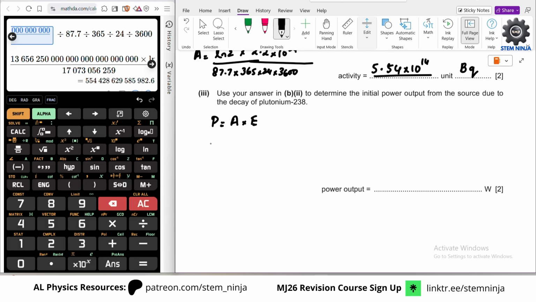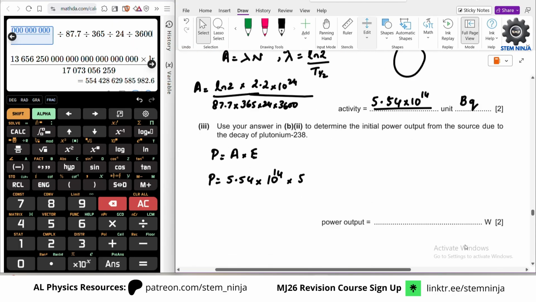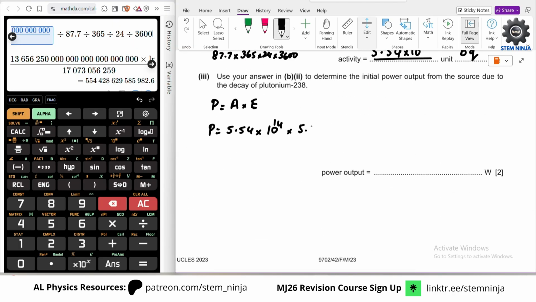So power is equal to activity, 5.54 times 10 raised to power 14, times 5.59, first the mega and then the electron volts. You can also convert it one time, 1.6 times 10 raised to power minus 19 plus 6, minus 13.